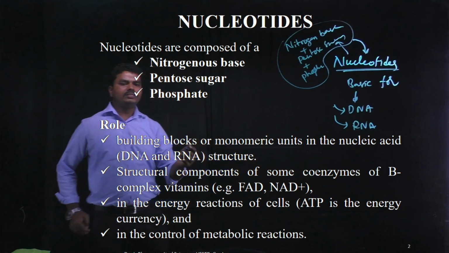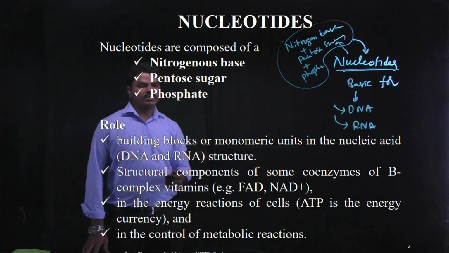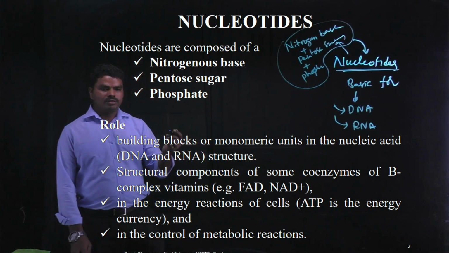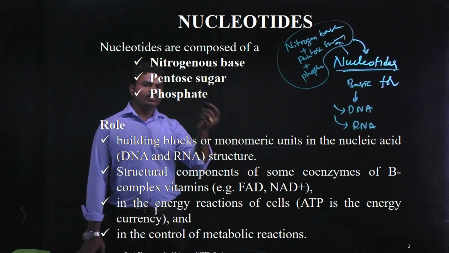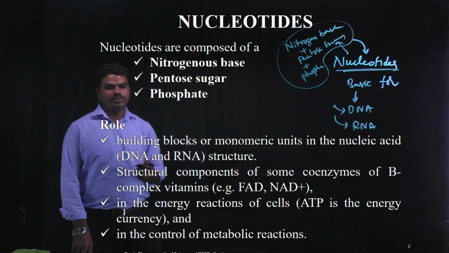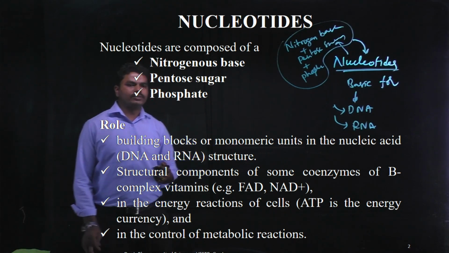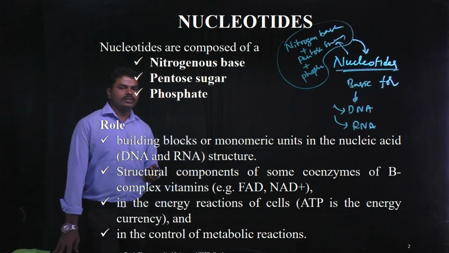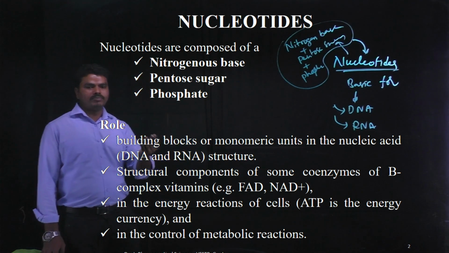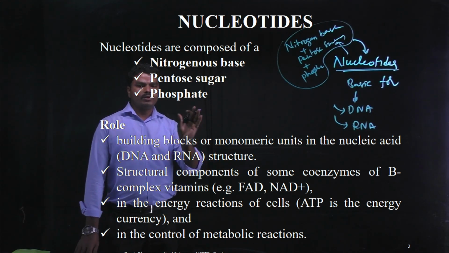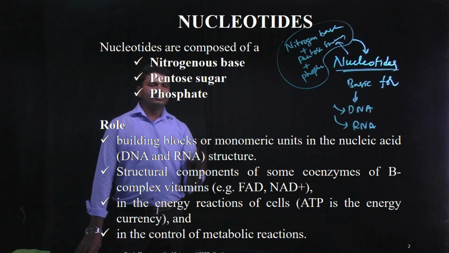Nucleotides are also used in the energy reactions of the cells, like ATP, which is the energy currency, and they also play a major role in the control of metabolic reactions. So these are the roles or functions of nucleotides in the biological system.